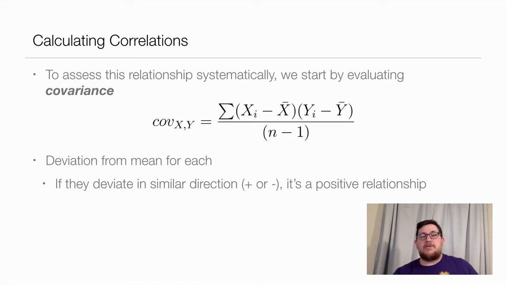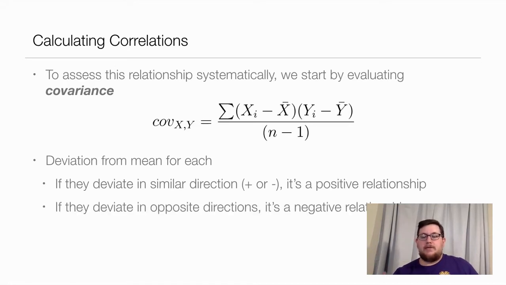Therefore, it's a positive relationship. If they deviate in opposite directions, you'll be multiplying, say, a positive if it's above the mean of x by a negative if it's below the mean of y. Or vice versa, below the mean of x and above the mean of y, in which case you have a negative times a positive. That's negative. Your relationship is going to be negative. So if you have more cases where it's below the mean on one and above the mean on the other, it's going to be a negative relationship, just like we saw graphically on the last slide.